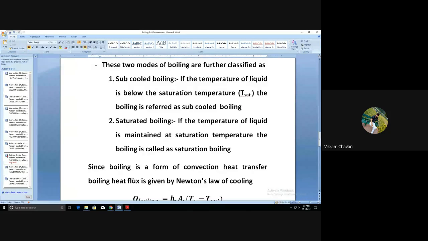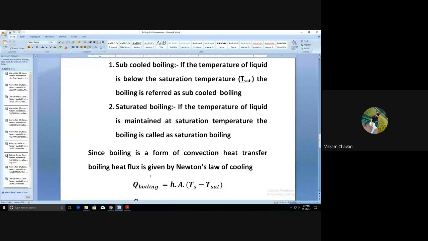While boiling is happening, the boiling heat transfer rate is Q boiling, which is equal to h multiplied by A multiplied by (Ts minus T saturation), where Ts is the surface temperature.